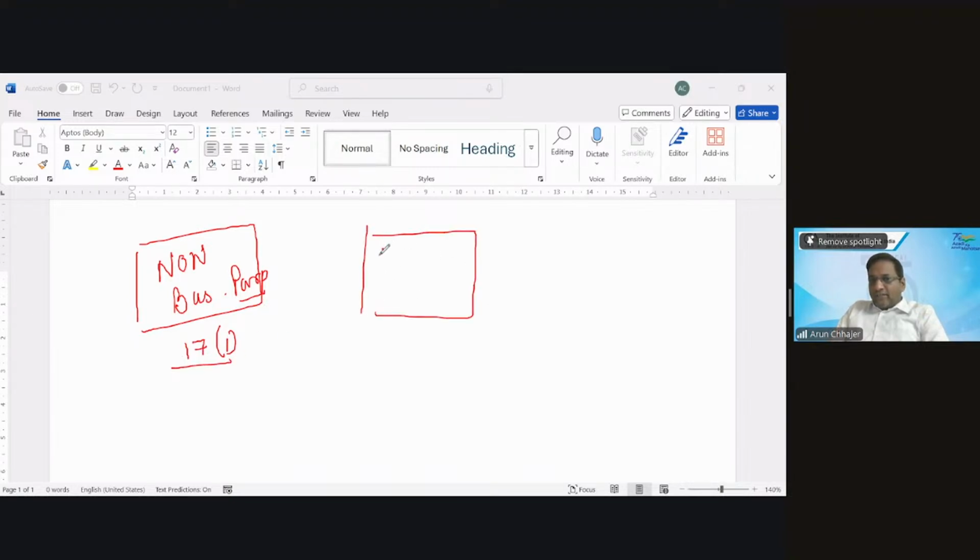If I am not satisfying the 6 conditions, for example there was no invoice, goods did not arrive, whatever, then ITC will also not be allowed. Where is it written? Section 16 subsection 2.